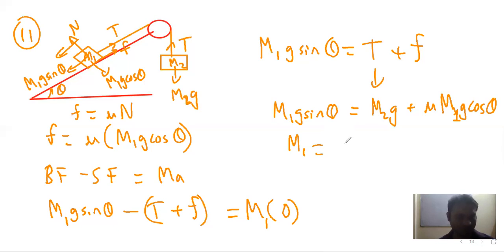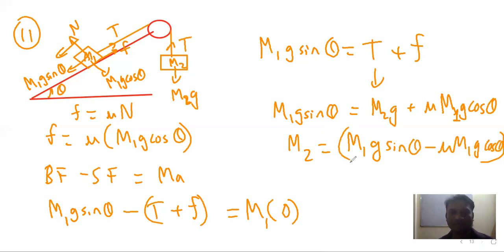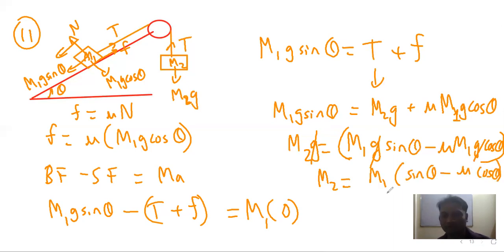So M2 in this case will be M1 g sine theta minus mu M1 g cos theta. So g cancels on both sides. M2 is equal to M1 bracket sine theta minus mu cos theta, which is option B, which is the correct answer to this question.